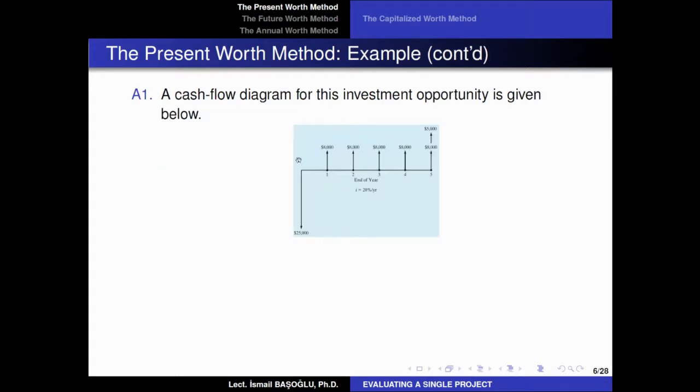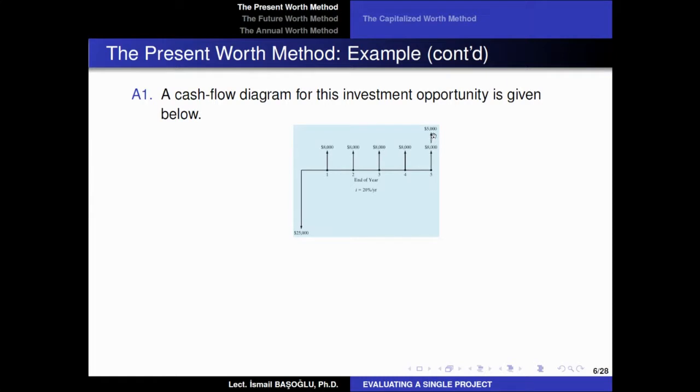Now this is the cash flow diagram of our investments. In the beginning, we need to pay $25,000. Right now, we have a negative cash flow. At the end of every year, we have $8,000 of positive cash flow as the net profit.